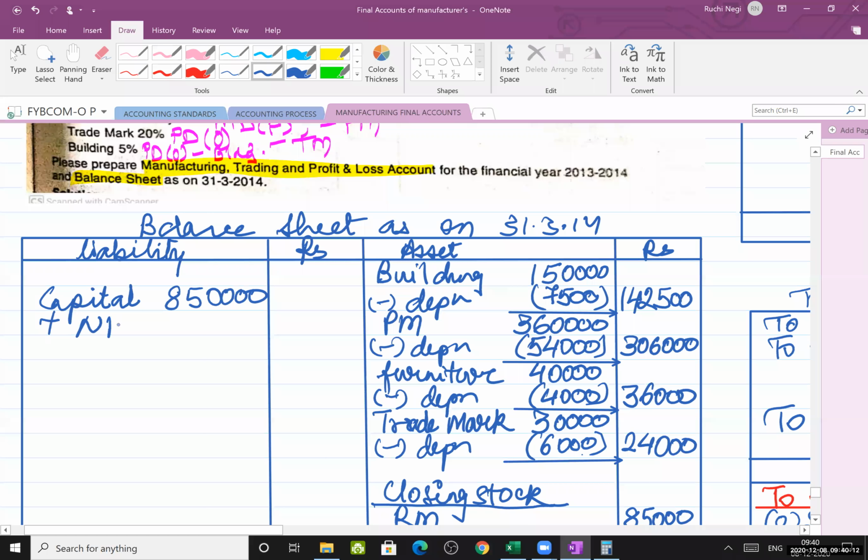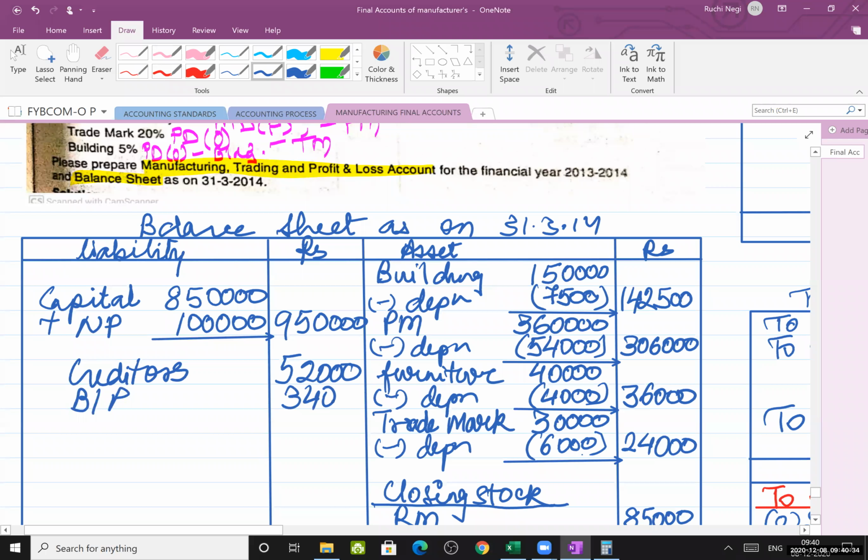Net profit. How much? 1 lakh. So outer column, this is obviously going to be 9,50,000. Okay. Then you have creditors, 52,000. And we also had bills payable 34,000. Okay.